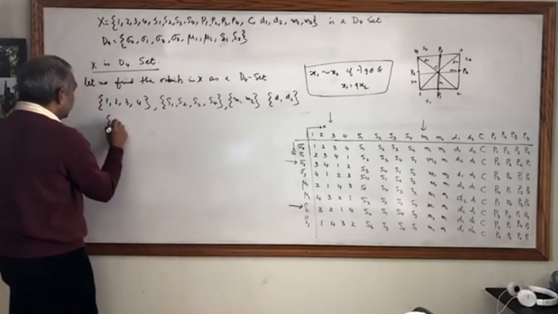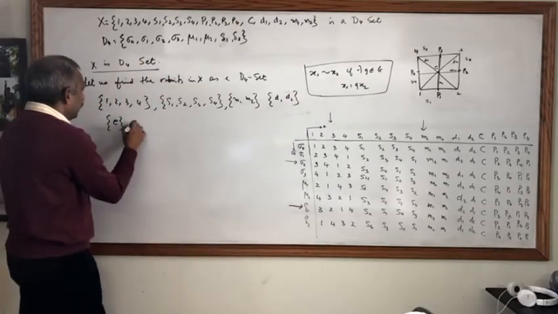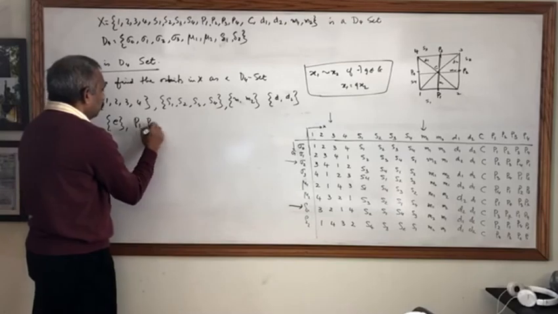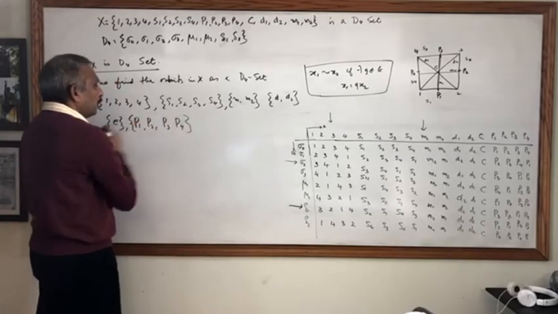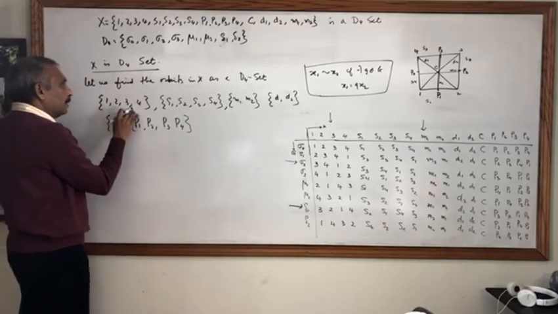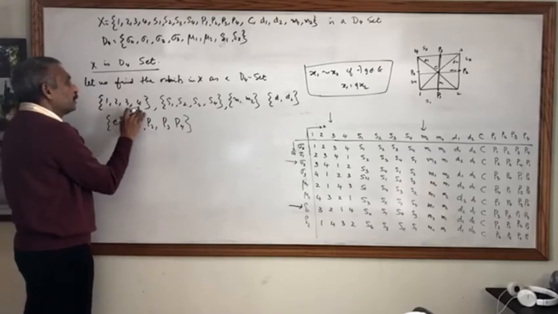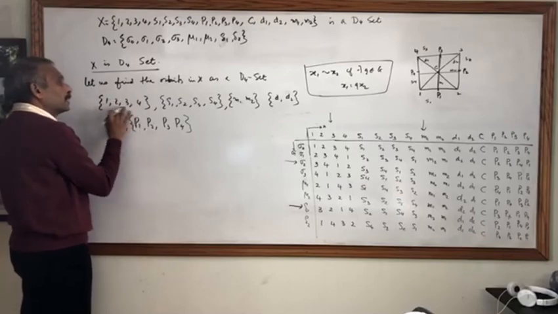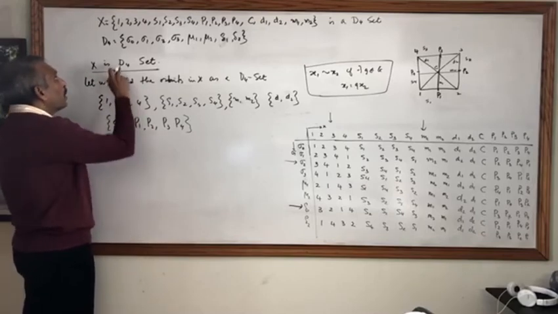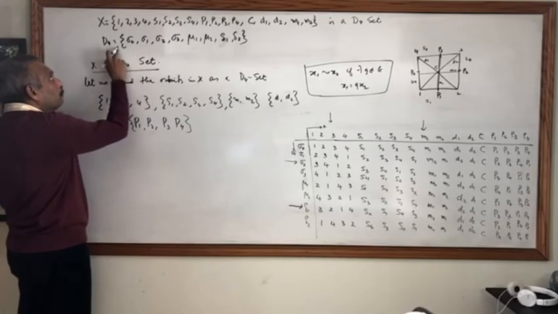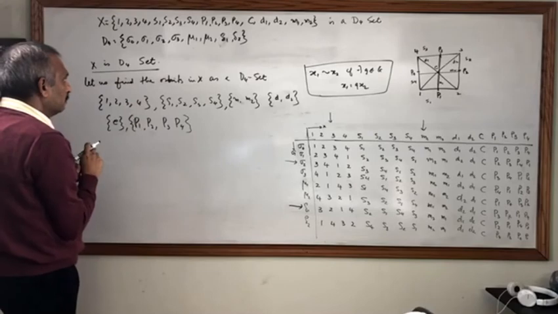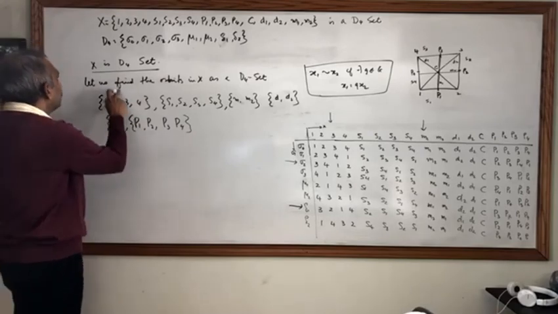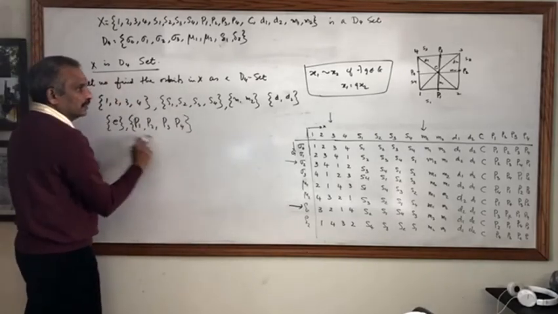C is a singleton orbit. Then P1, P2, P3 and P4. If you take an orbit, the elements inside the orbit should be reached from any other element in that orbit using one of the elements from the group, and that is the definition. So the orbits in this X are these.